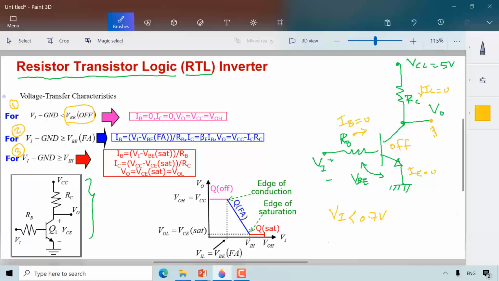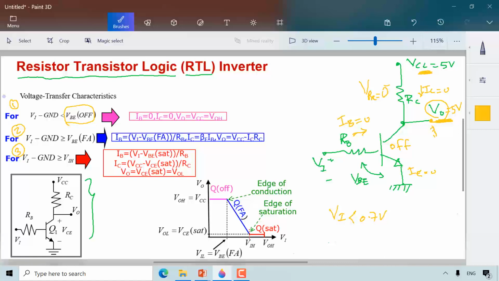So in this case, what's the voltage on the output, this node here? Very simple. The output voltage at this node equals 5 volt. Why? Because there is no current through the resistor, therefore there is no voltage drop across the resistor, and therefore the output voltage equals the power supply voltage, which is 5 volt.